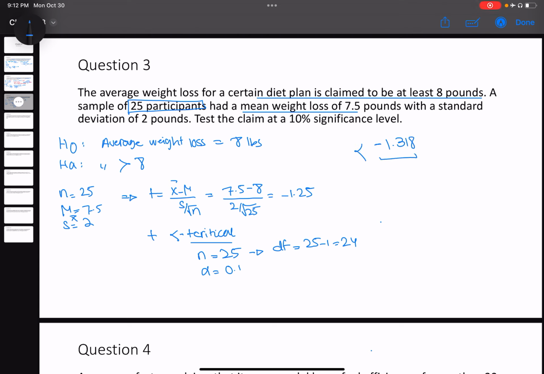So does the calculated t fall within the rejection region? So basically, is minus 1.25 less than minus 1.318?